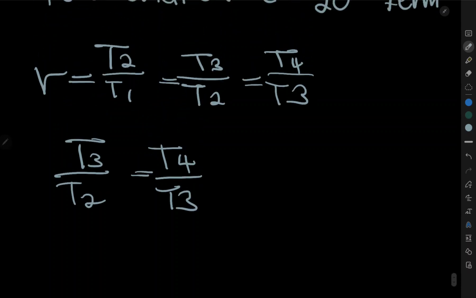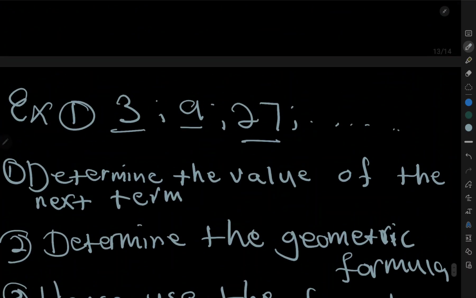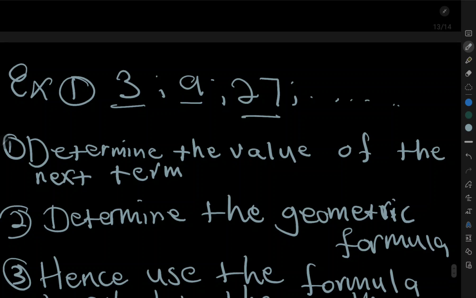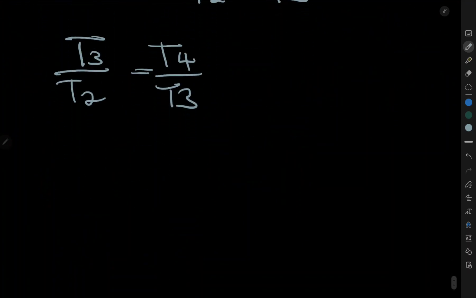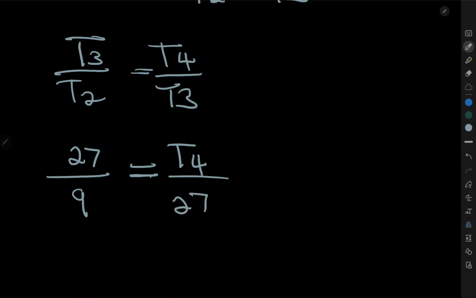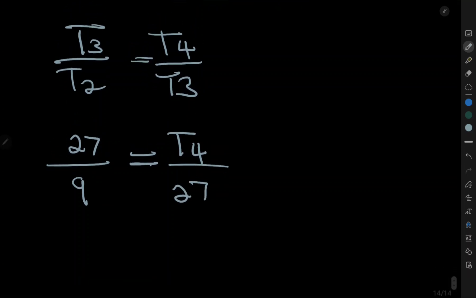So now we're going to substitute the values that we have and see if we're able to calculate. We know that our t2 is 9 and our t3 is 27. So here we're just going to say t3 is 27, t2 is 9, and obviously we don't know what t4 is. T4 is our unknown, and here it's still 27, right?